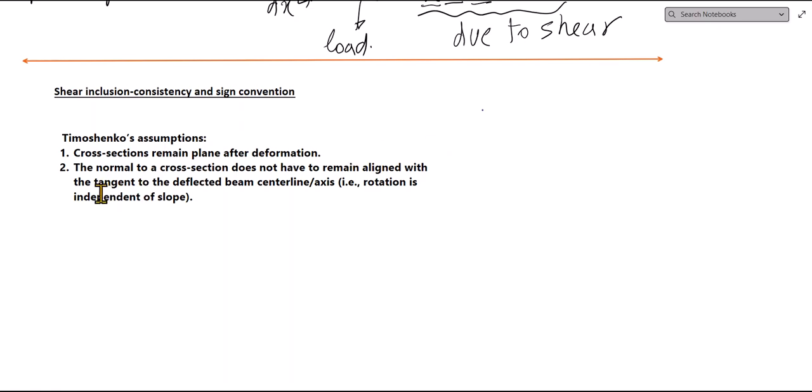However, the normal to this plane does not necessarily align with the tangent to the deflected beam axis. So it rotates, but the rotation is not constrained by the slope at the given cross section, given x along the axis of the beam, which is equal to the tangent to the elastic curve.